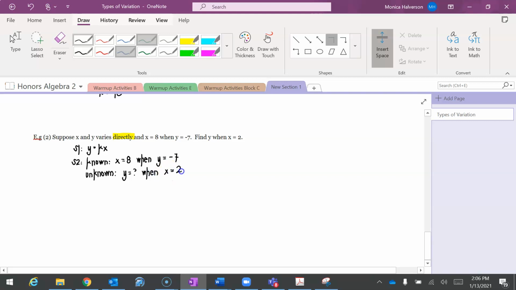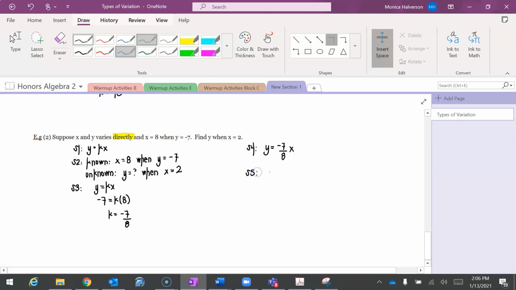All right, so then we're going to plug in our knowns to our generic. -7 is equal to k times 8, so k equals -7/8. Okay, so step 4, we're going to write our function rule now with our k value.